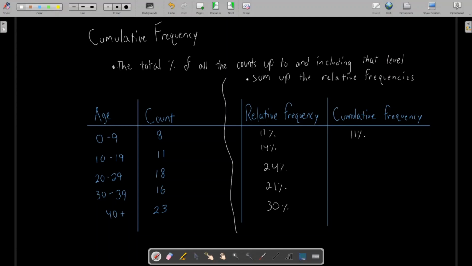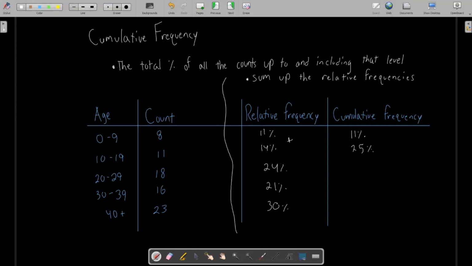We can get this cumulative frequency by adding the relative frequencies that we've already found. So in this case, 11% plus 14% gives us 25%.